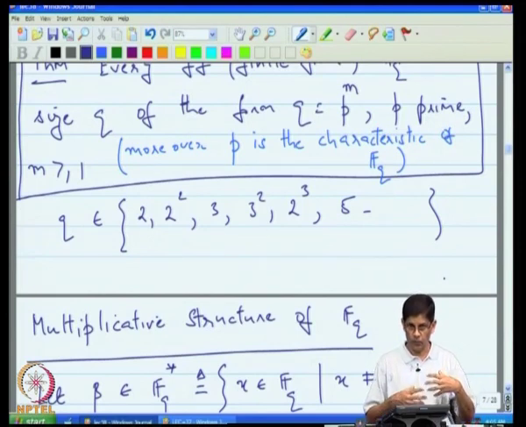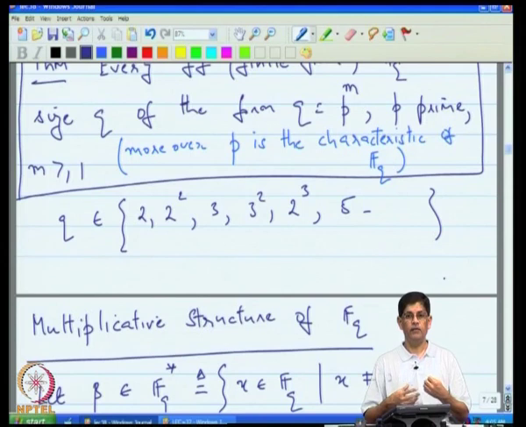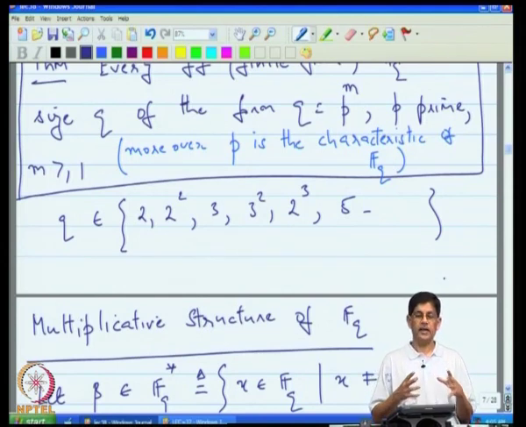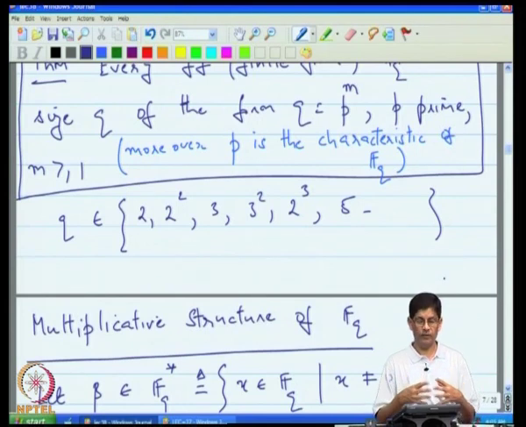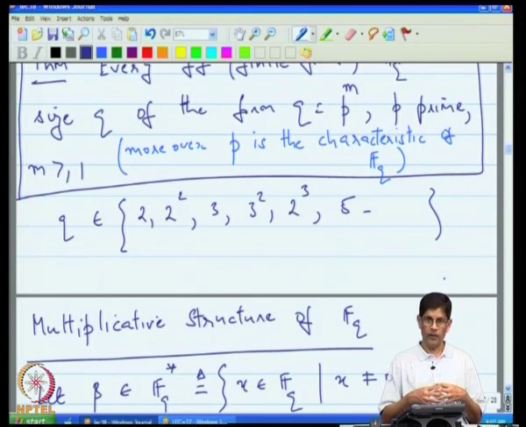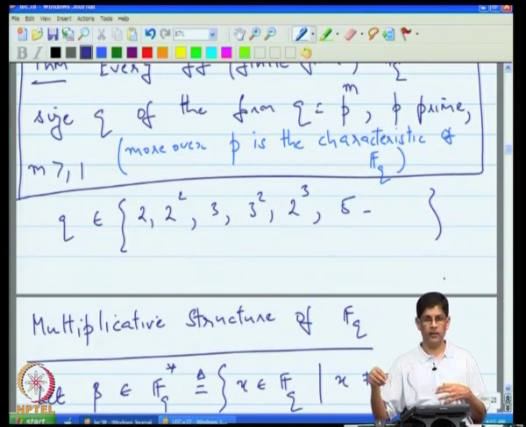So, that is how you pull out p from the structure of the finite field FQ. Then the second property is that the finite field FQ is a vector space over the set 0 to p minus 1. That set actually forms a smaller field FP, and since FQ is a vector space over FP, it must be that q must be a power of p.